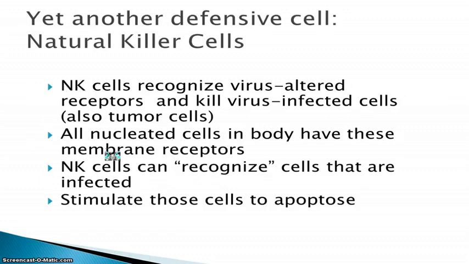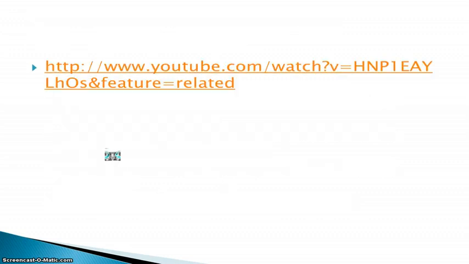So the last thing we want to talk about is a natural killer cell. Natural killers, I mean, it's a perfect name for them. They are natural killer cells. And what they do, and I link this video, is that they're circulating cells. And they basically are checkers. They're patrol cells. They come into contact with the rest of your cells, and they check your cells for healthfulness.